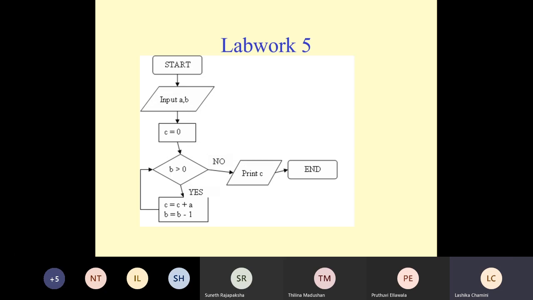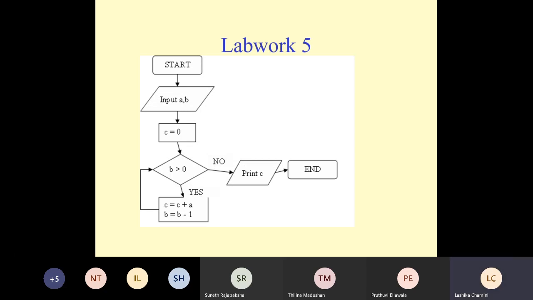We start from the value of B and deduct one at each step until the value of B is equal to 0. So this loop runs B times, which means we are going to add the value of A, B times.